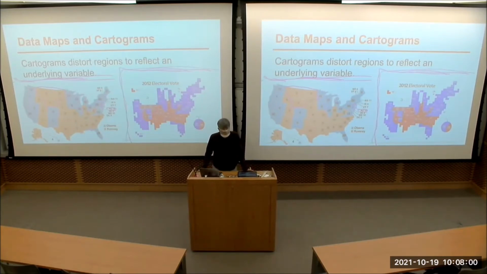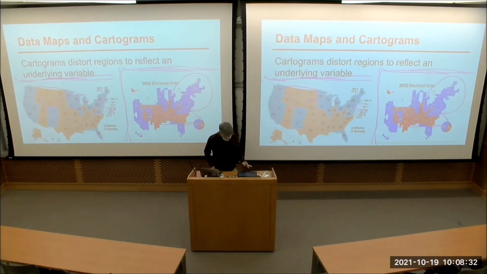Was it red or was it blue? Blue. And so a cartogram is kind of an interesting idea. It preserves the connectivity. So you still get the sense that the Northeast was Democratic, the South was Republican. But it does reflect that the area reflects the effect that you want to see.